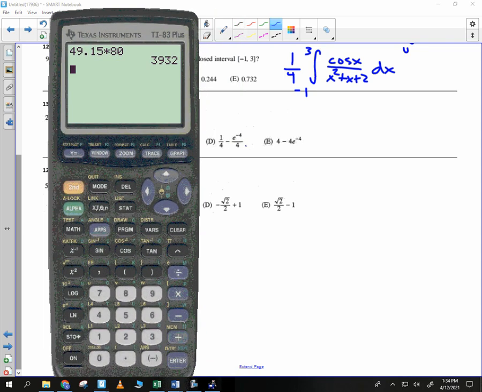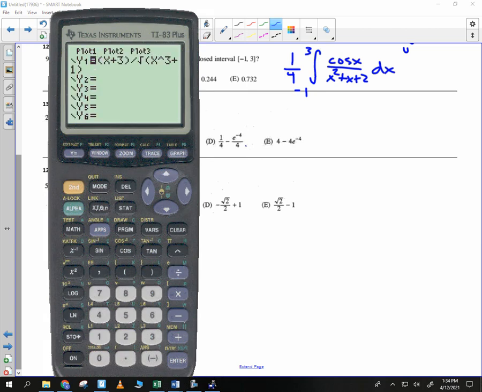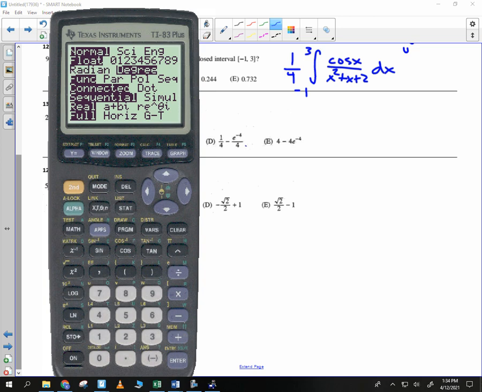It's the length of this interval, negative 1 to 3. So I go into y equals and I type in cosine of x, and I divide that by parentheses x squared plus x plus 2. And zoom 6, let's see what we get. I better go into mode and make sure I'm working in radians.